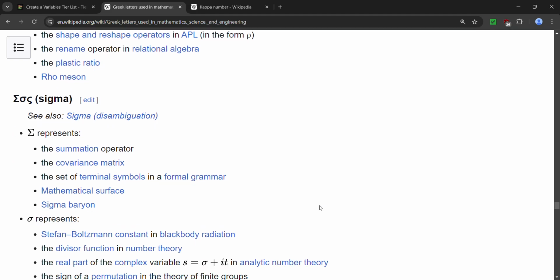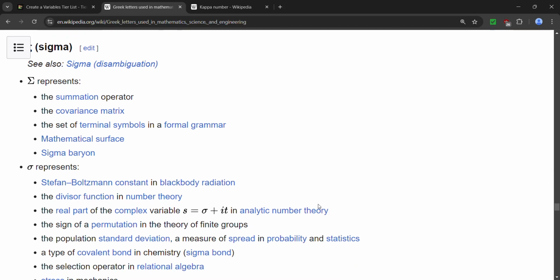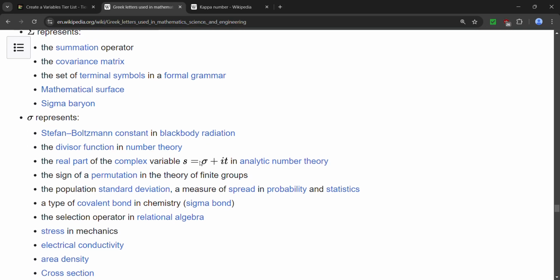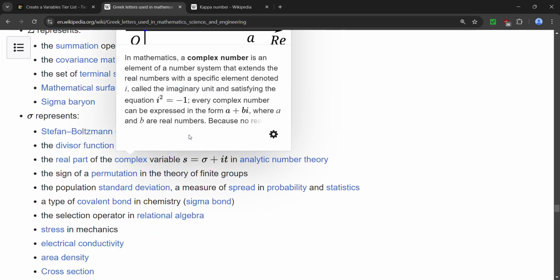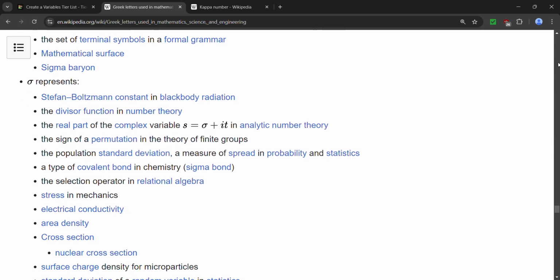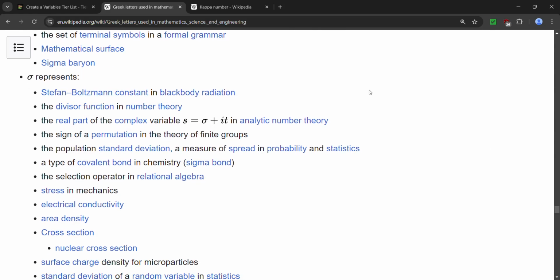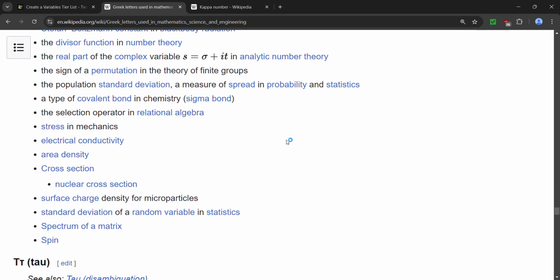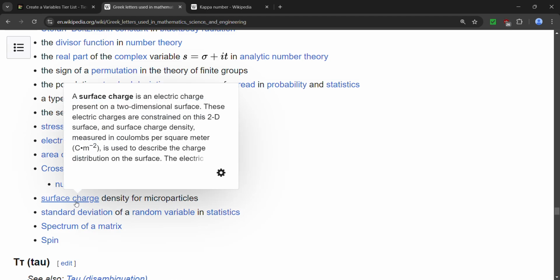Sigma, another one that's been really trending up recently, before Mu even started trending up. Anyway, this is a big one, right? So we got summation, very important. Big fan of summation. Stefan-Boltzmann constant. That's not super important, but it's there. Standard deviation, very important. Stress, also pretty important. Area density, cross section, surface tension, maybe surface charge.